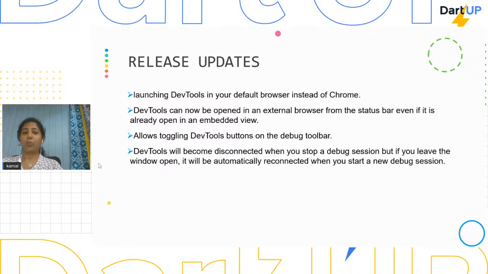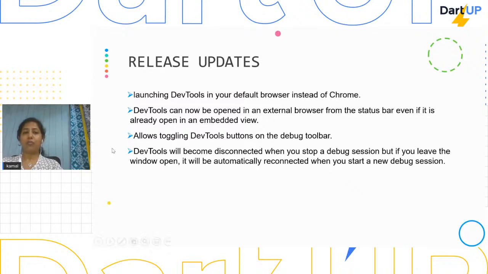And DevTools can be opened in an external browser from the status bar, even if it is already open in an embedded view. So that option is also available. Toggling between DevTools and your debugger tool is also possible. And whenever DevTools becomes disconnected when you stop a debugging session, if you leave the window open, it automatically gets reconnected when you start a new debugging session.